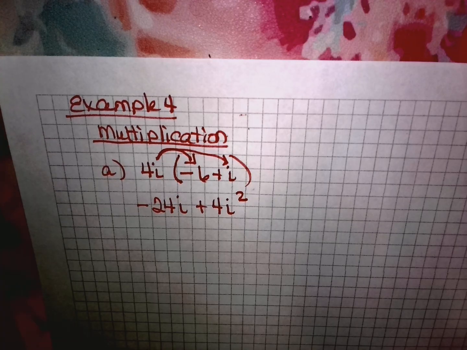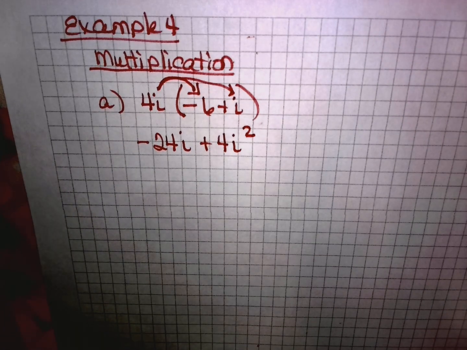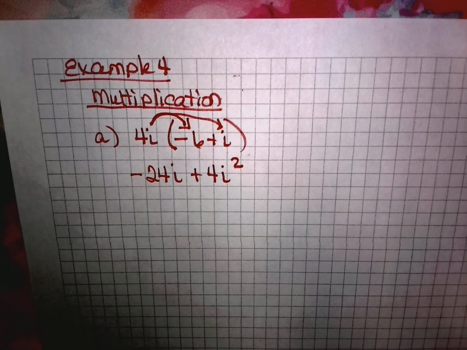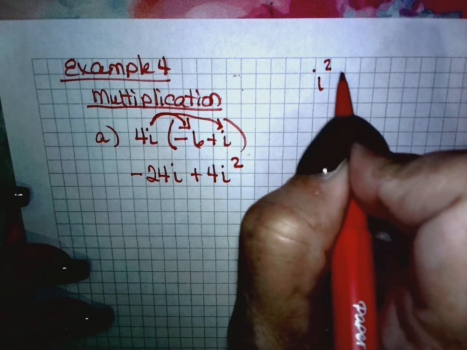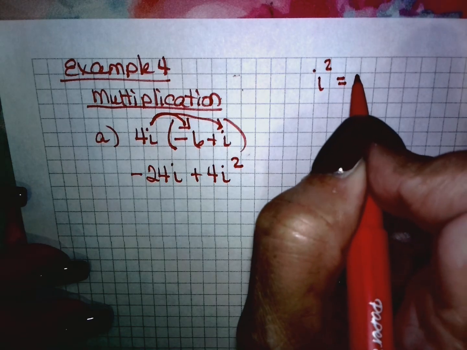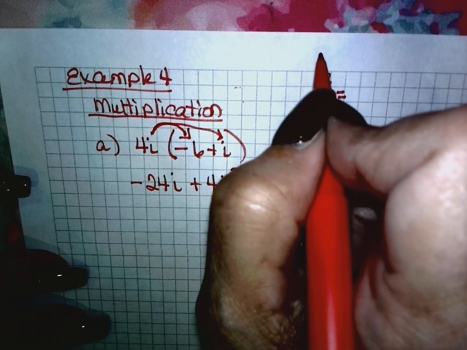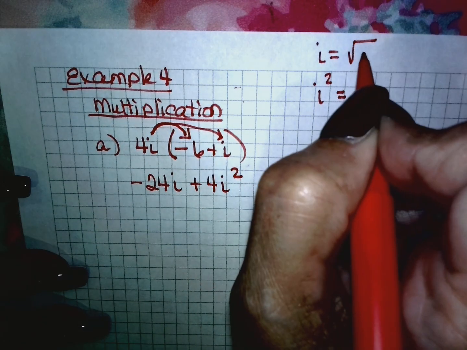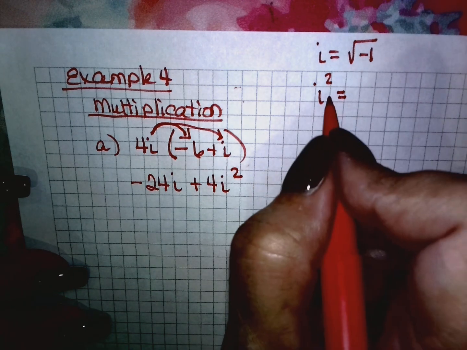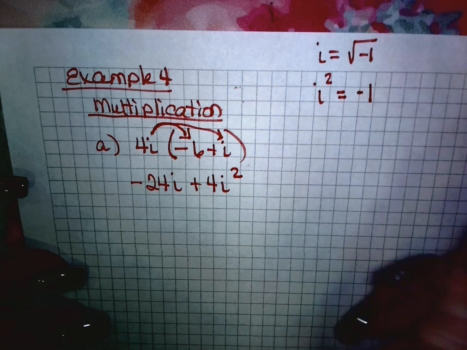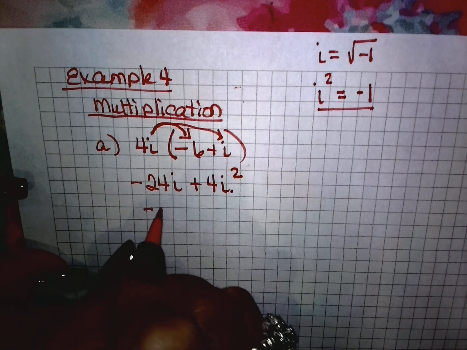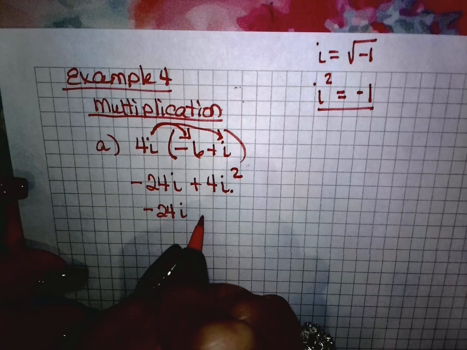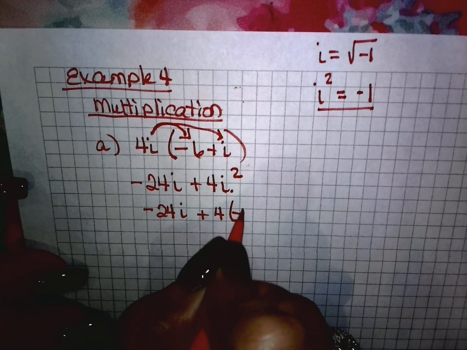Now, one thing that you do need to realize whenever you're dealing with these imaginary numbers, whenever you see an i squared, remember what its value is given as. Remember, by definition, little i is equal to the square root of negative 1, which implies that i squared equals negative 1. So whenever you see an i squared, you must simplify it by putting a negative 1 in its place.